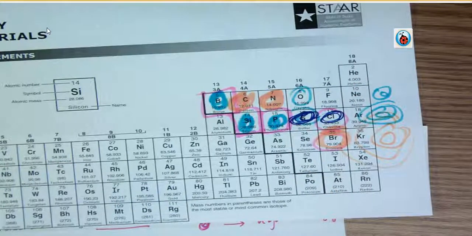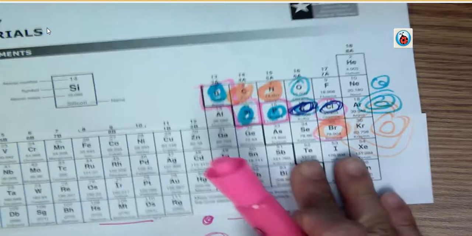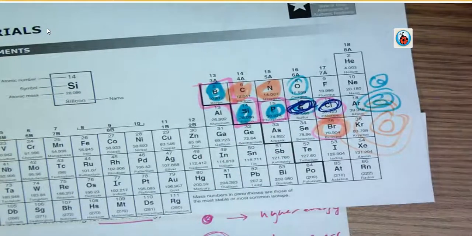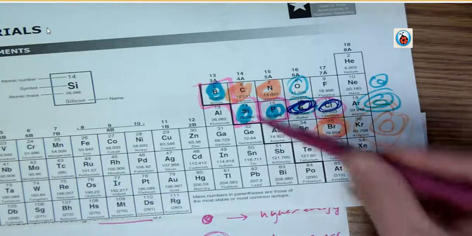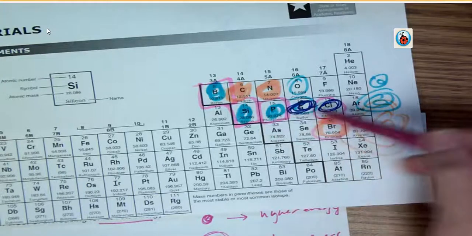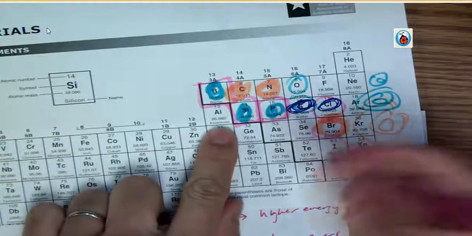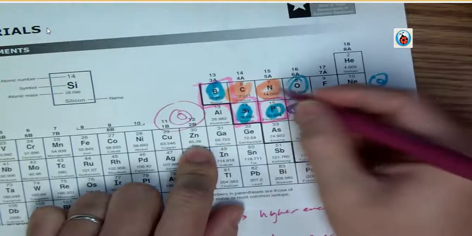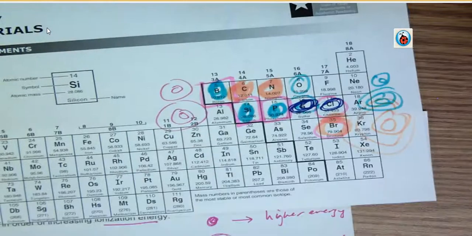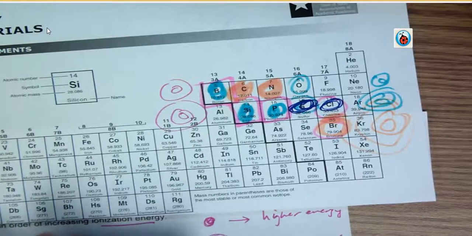So which one is the largest atom? The largest atom will be the lowest ionization energy. The largest atom has got to be on row 3 because it's got 3 rings. Okay, 1, 2, 3. Row 2 only has 2 rings, so boron's going to definitely be the smallest. So boron's going to be the highest ionization energy.